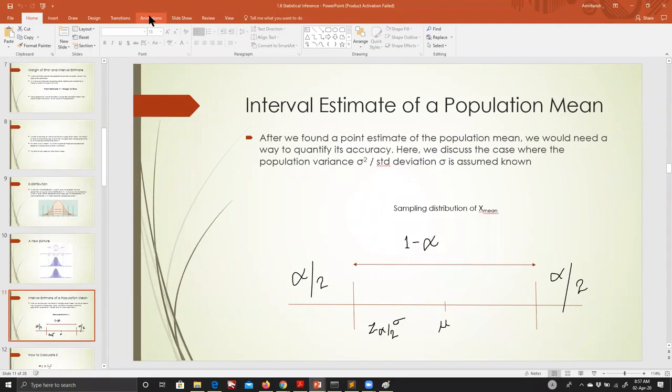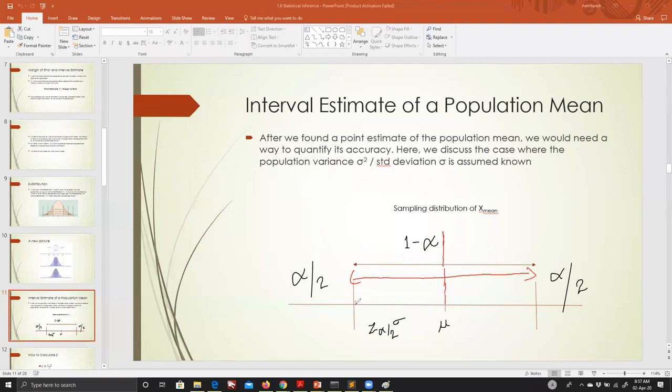Here is mu, and let's say the acceptable interval is this one. Beyond this is mentioned as alpha by 2 on each side. The idea is that this is symmetrical, or well balanced.